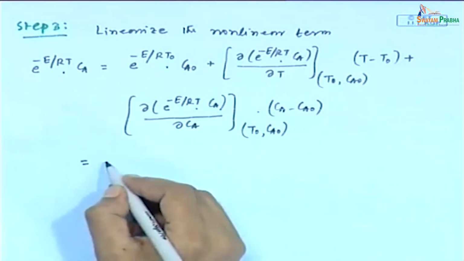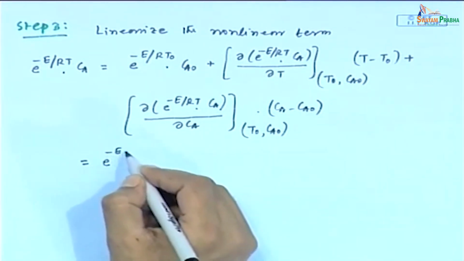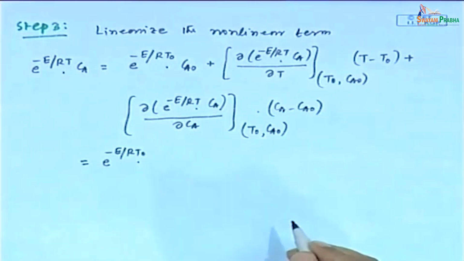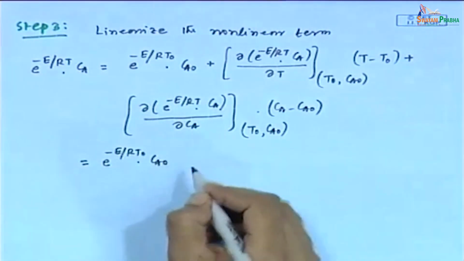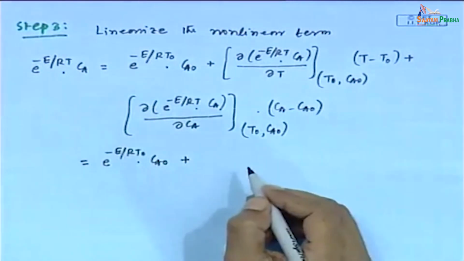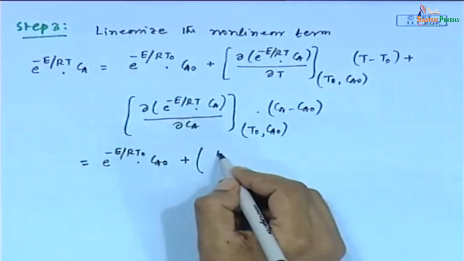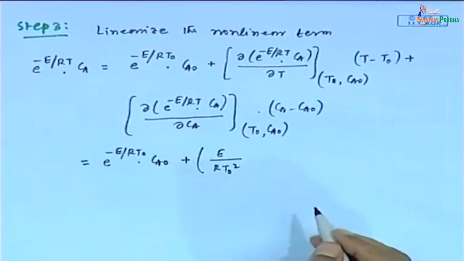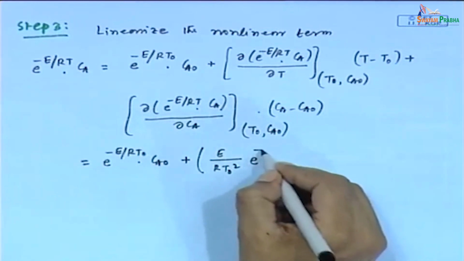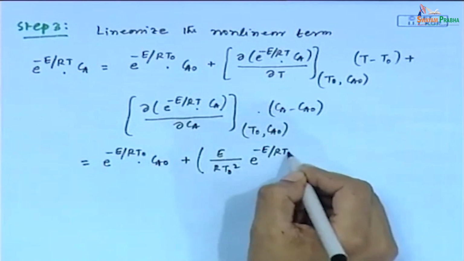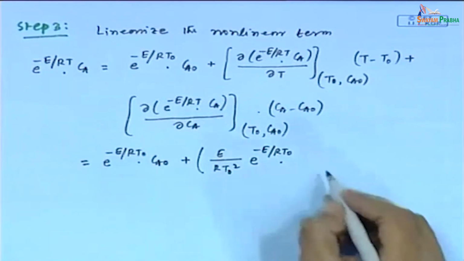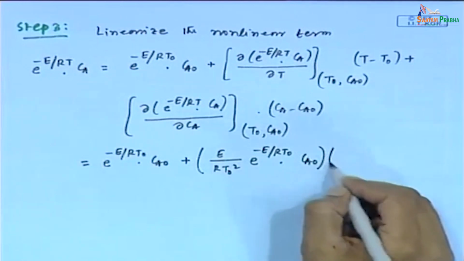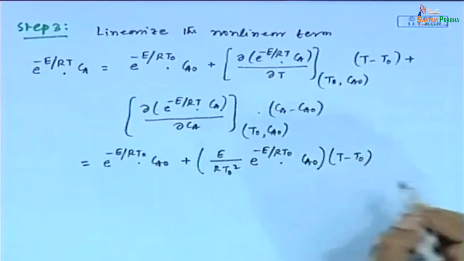Finally, we will get exponential of minus E divided by R T naught CA naught plus E divided by R T naught square exponential of minus E divided by R T naught into CA naught, into T minus T naught.